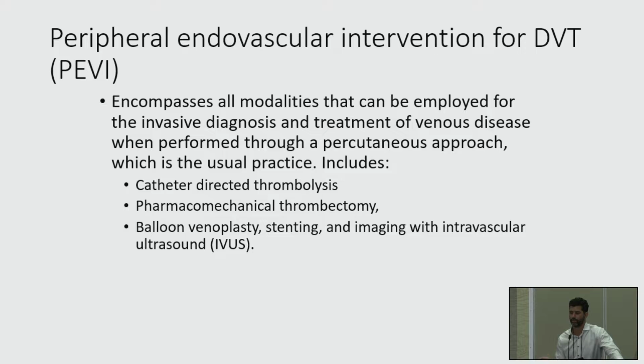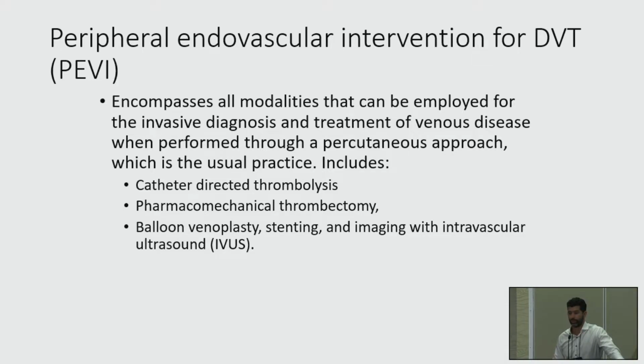The peripheral endovascular interventions for DVTs are varied, with multiple mechanisms, from catheter-directed thrombolysis, just a simple catheter injecting TPA, to ultrasound-assisted thrombolysis, a catheter that vibrates while it injects TPA.